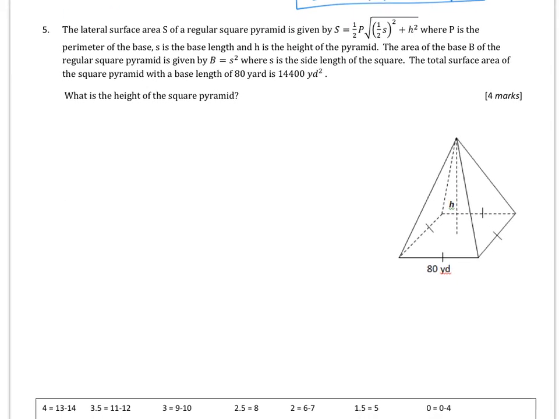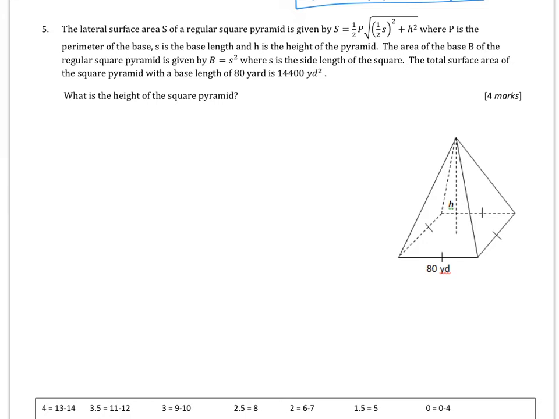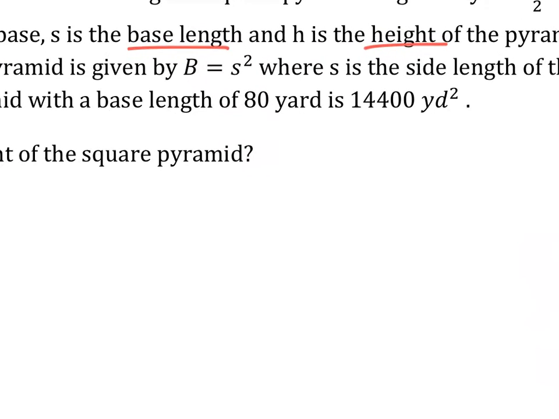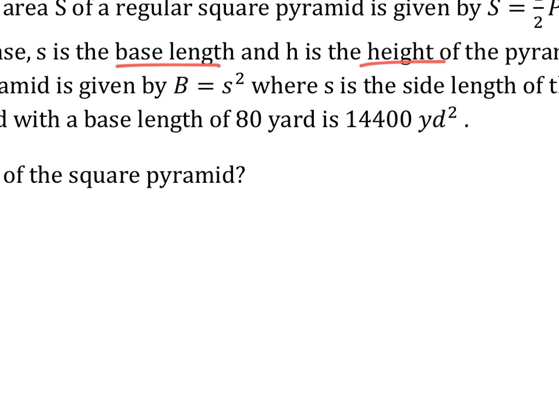Next one. The lateral surface area, called S, of a regular square pyramid is given by this equation. P is the perimeter, S is the base length, or the side, and H is the height. I'm going to zoom in so I can write side here. So base length and side are kind of the same thing.